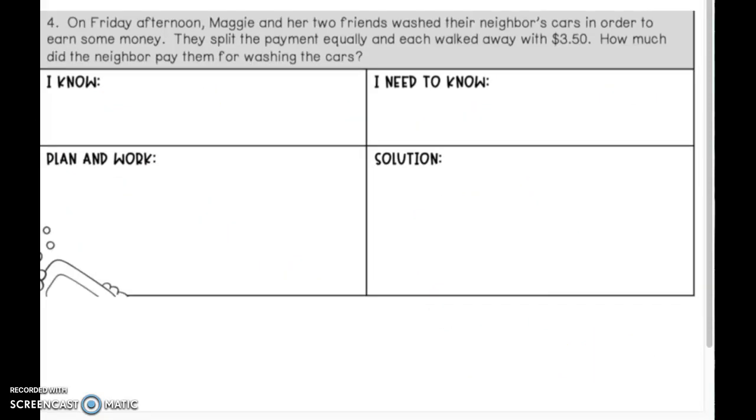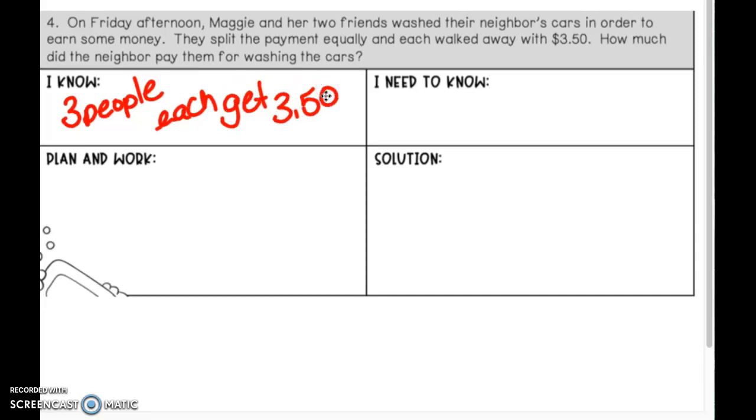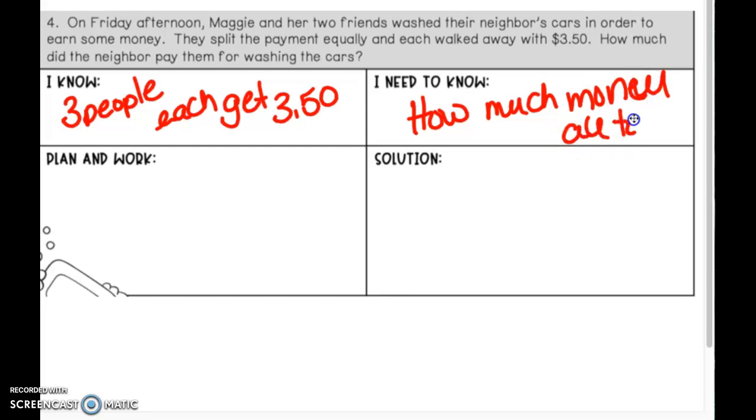On Friday afternoon, Maggie and her two friends washed their neighbor's car in order to earn some money. They split the payment equally and each walked away with $3.50. How much did the neighbor pay them for washing the car? There are 3 people, and they each get $3.50. What do we need to know? How much money altogether did they make?